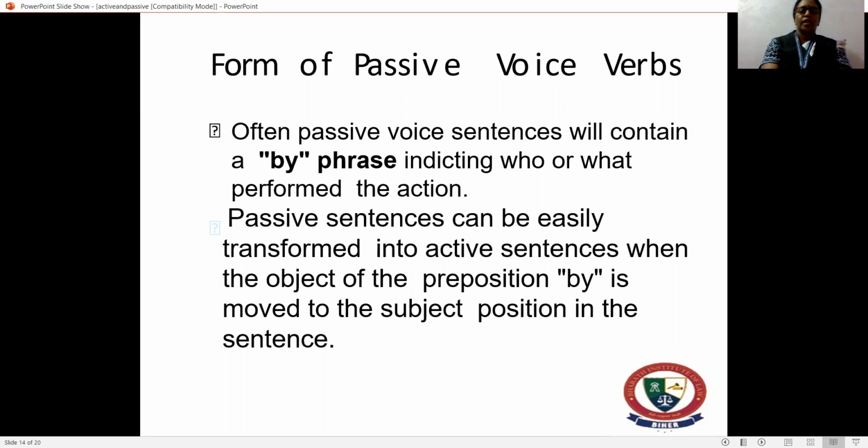In a sentence, if it has by, you can easily say that sentence is in the passive voice. First rule regarding the verb: the be form verb and the V3 form verb should be followed. And the next one, by phrase. Passive sentences can be easily transformed into active sentences when the object of the preposition by is moved to the subject position in the sentence.